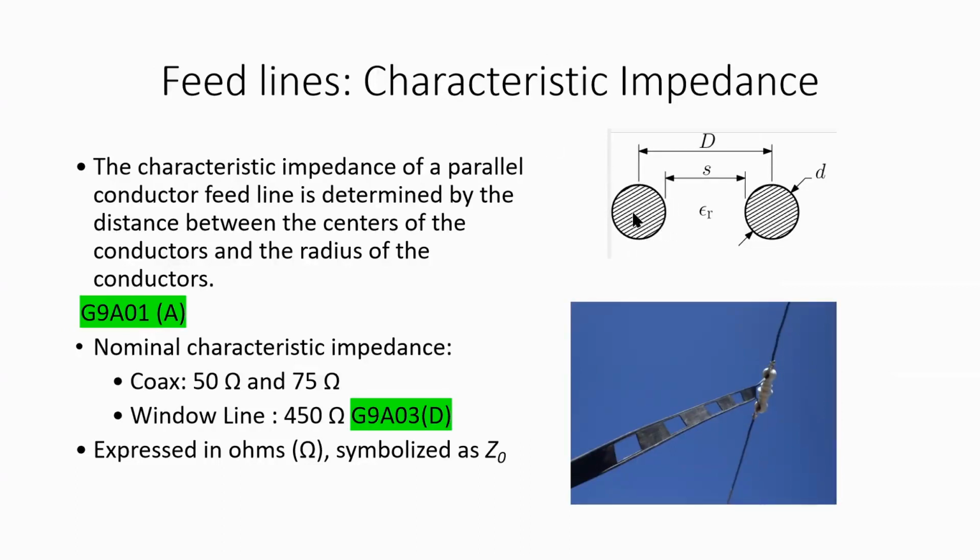You only need to know that much. In terms of window line, or ladder line as it's sometimes referred to, the distance between these conductors and the ratio of the diameter of those conductors gives you a 450 ohm impedance for window line. Now there are the questions. Both of these are expressed in ohms.